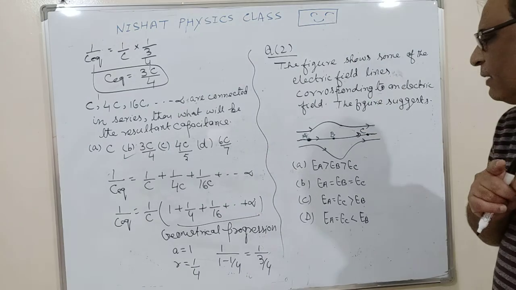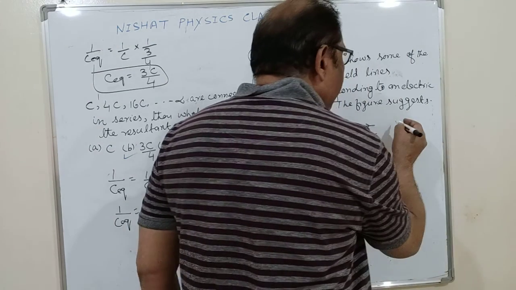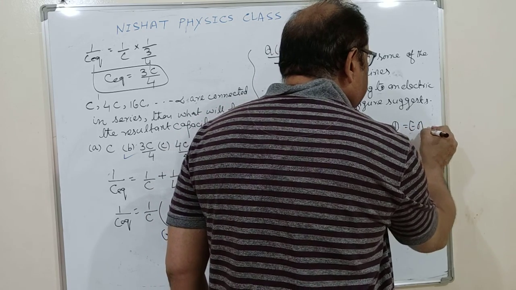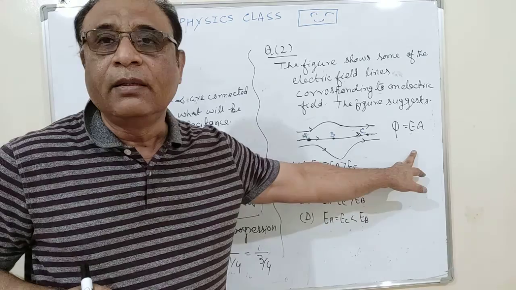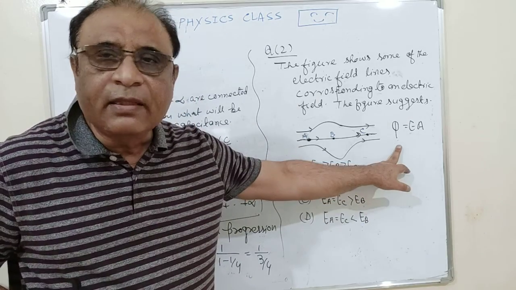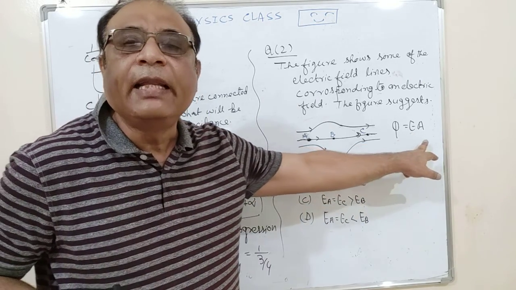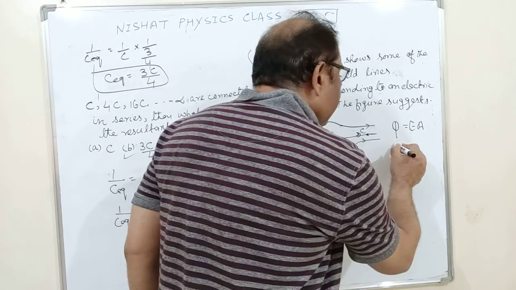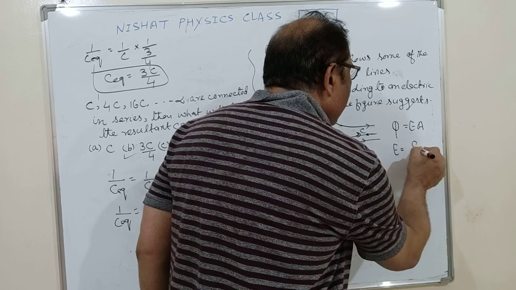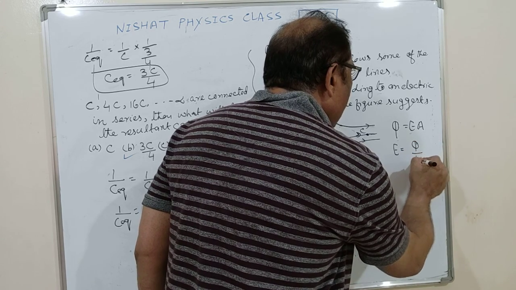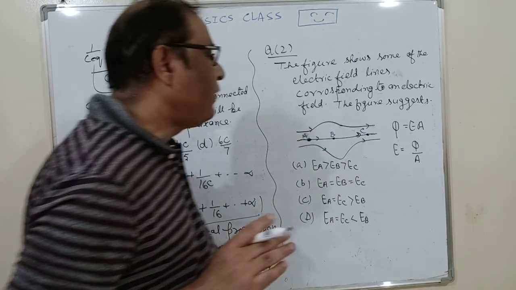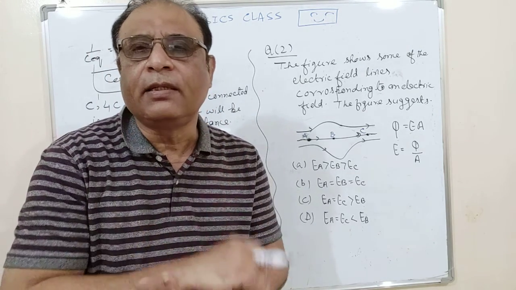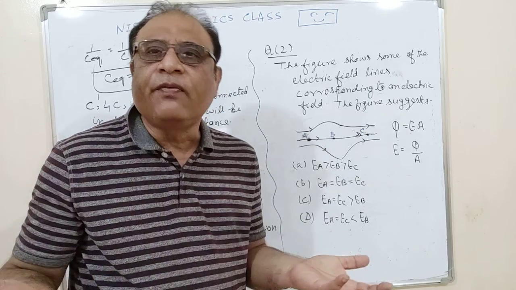So let me explain here, my dear: phi equal to EA. Phi is electric flux, E is electric field, and A is the area vector. Then we write E equal to phi upon A. Students, what is electric flux?